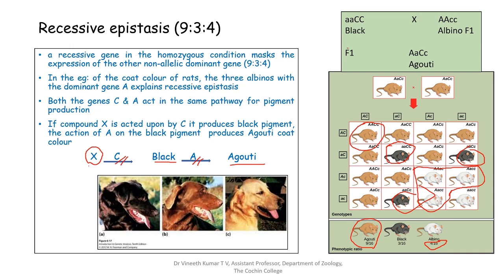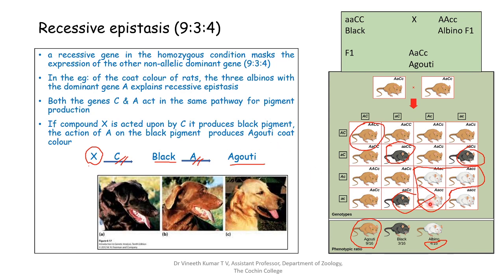Being double recessive, C is absent, A is absent, so the pathway does not function in them. As a result, the pigment does not have any color, either black or agouti. The compound X is not getting converted, so the coat color will be white, or it can be called albino.